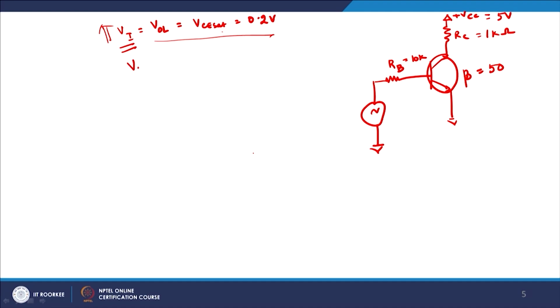Similarly, when I apply VOH, the input is low, and then I get VOH equal to VCC, equal to 5 volts. So, when your input is low, your output is VOH, almost equal to VCC, and when your input is high, output is low, almost equal to VCE sat. So, the swing is from 5 to 0.2 volts.